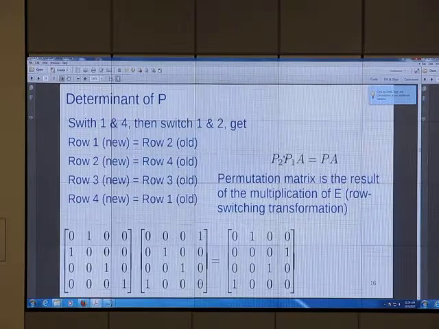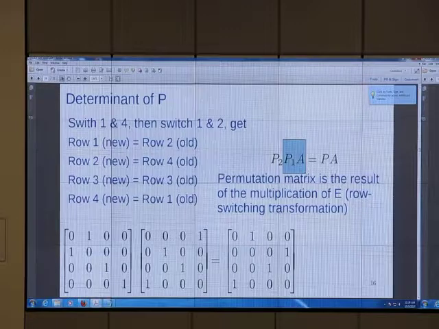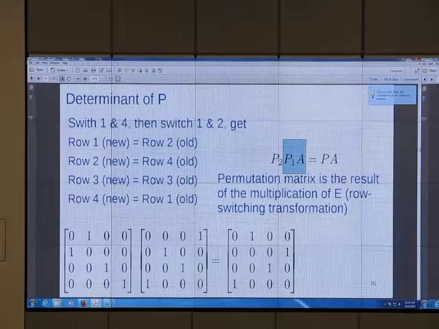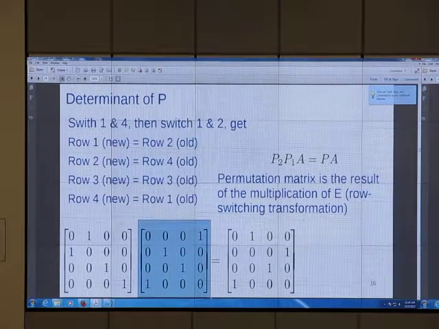We do P1 multiplied by A, and then P2 left multiplied by that whole thing. What are P1 and P2? So switching 1 and 4, that is for switching 1 and 4.